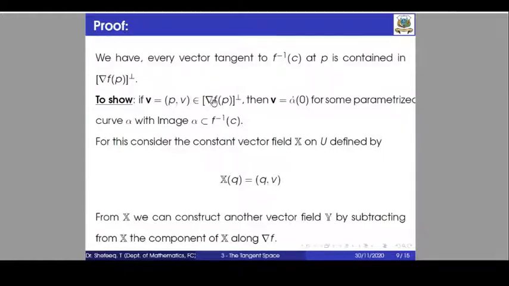Then we want to show v equal to alpha dot of 0 for some parameterized curve alpha with image alpha contained in f inverse c. This is what we want to show. Okay, so for this, consider a constant vector field X on U defined like this: X of q equal to qv. Now from X we can construct another vector field Y by subtracting from X the component of X along del f.